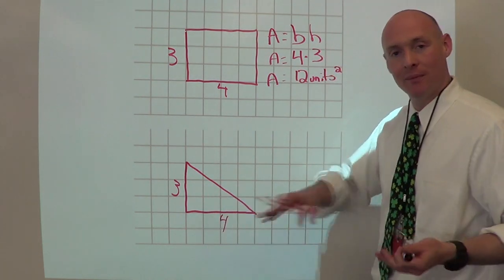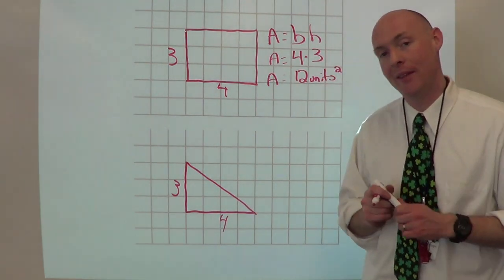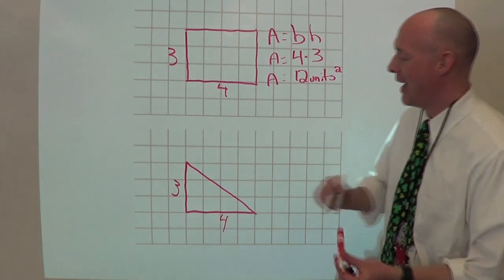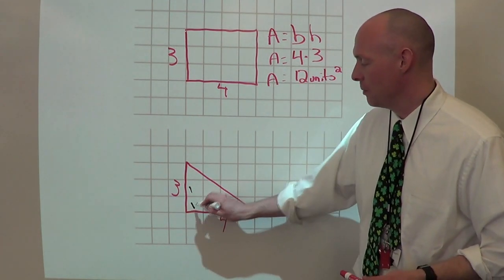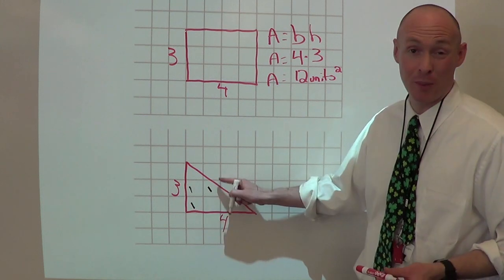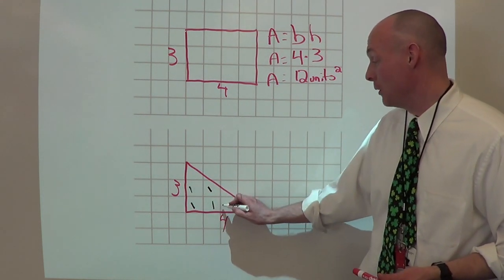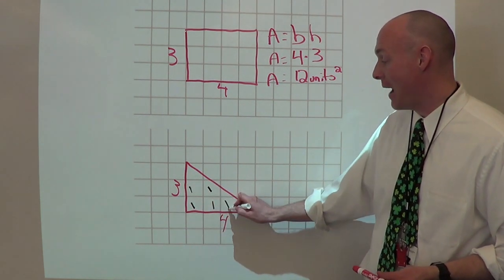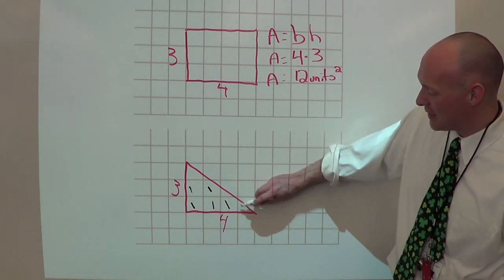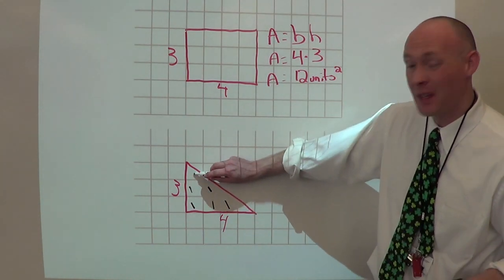But take a look. First off, how many units can you count on the inside? I count 1 full one, 2, 3, that one's pretty close to being 4 full, 1, 2, 3, 4, 5, and then I have these little areas here.